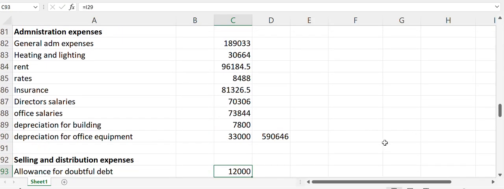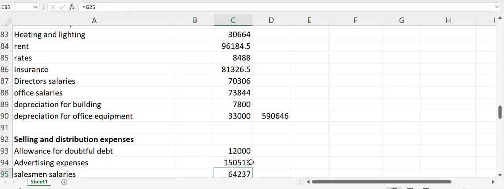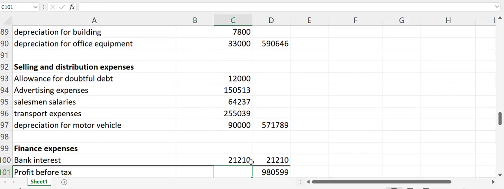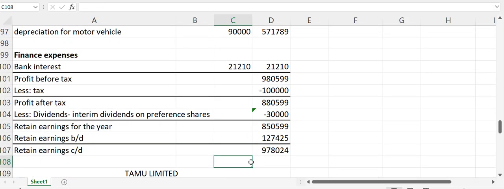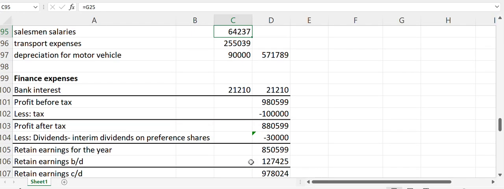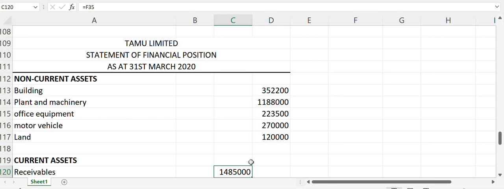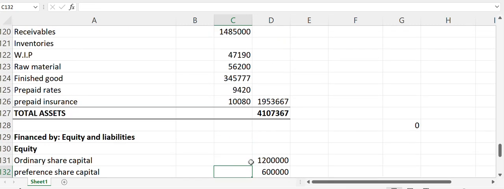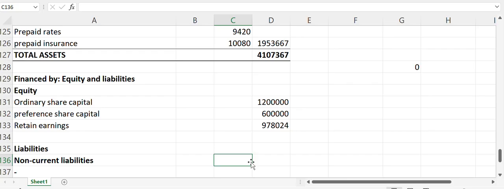Yeah, so that means this figure will change to that. That will change almost everything there. Let's see. That one also affects our retained earnings.